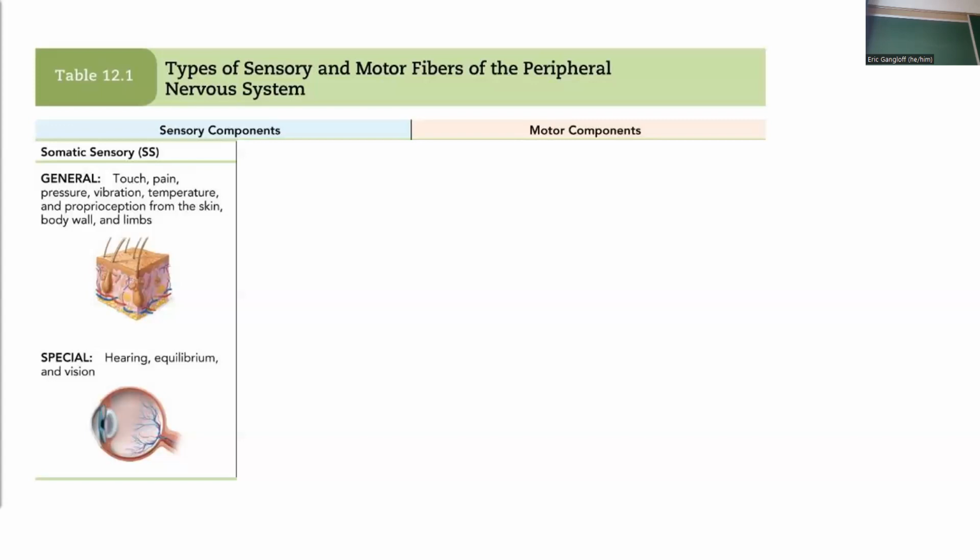It also includes two of your special senses, actually three. Your special senses associated with your eyes, which is vision, and with your ears, which is, remember, two things, both hearing and your sense of balance or equilibrium. So sensory is always bringing information to the central nervous system. Somatic sensory is generally information from the external environment to the central nervous system.